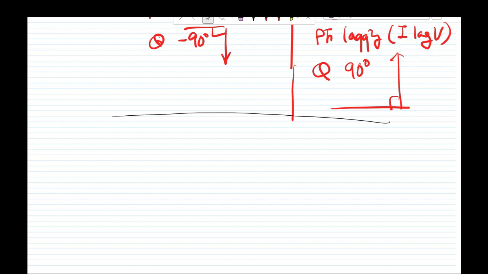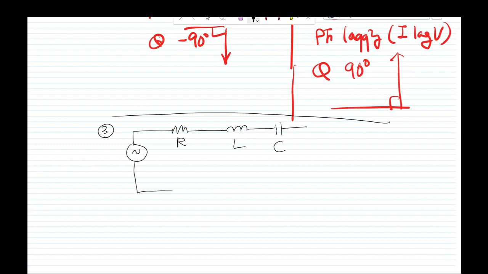However, if we have an RLC circuit, for example, like this one, this may be an AC circuit, that is R, that is L, and that is the C.